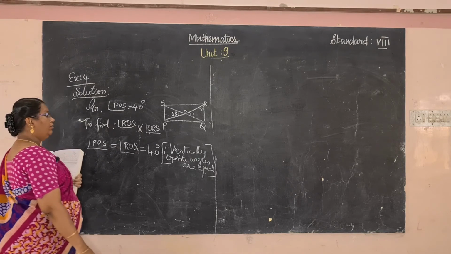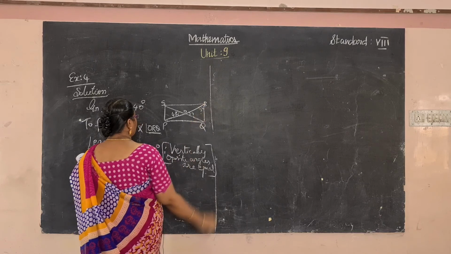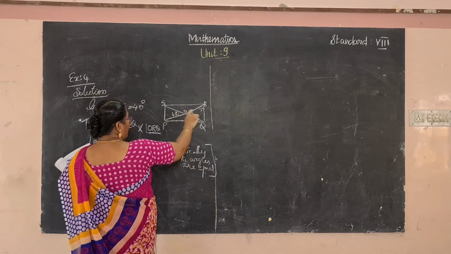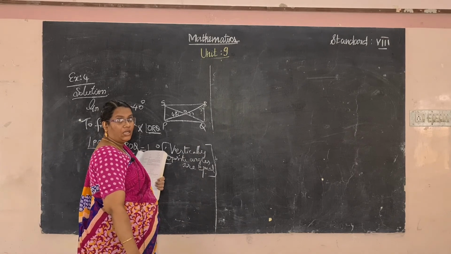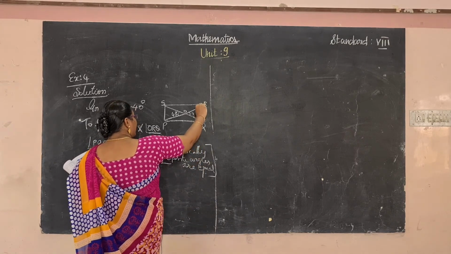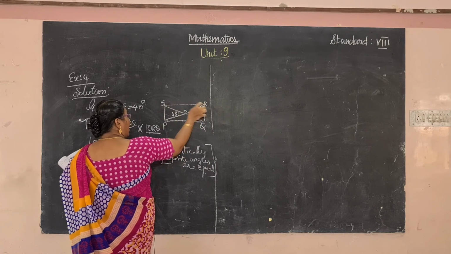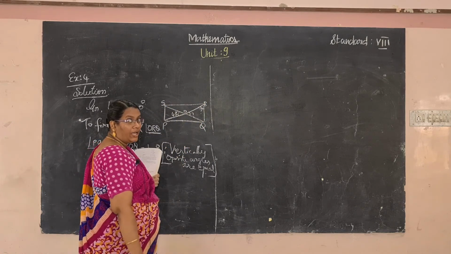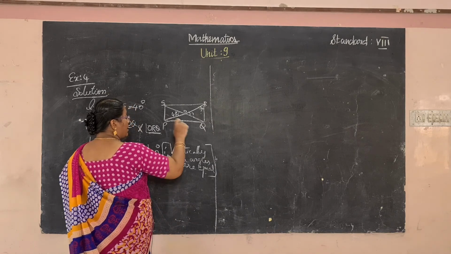Okay, now we have to find out the value of this. You see, the diagonals bisect each other at O. The diagonals are equal. Okay, all the angles of the rectangle are 90 degrees.